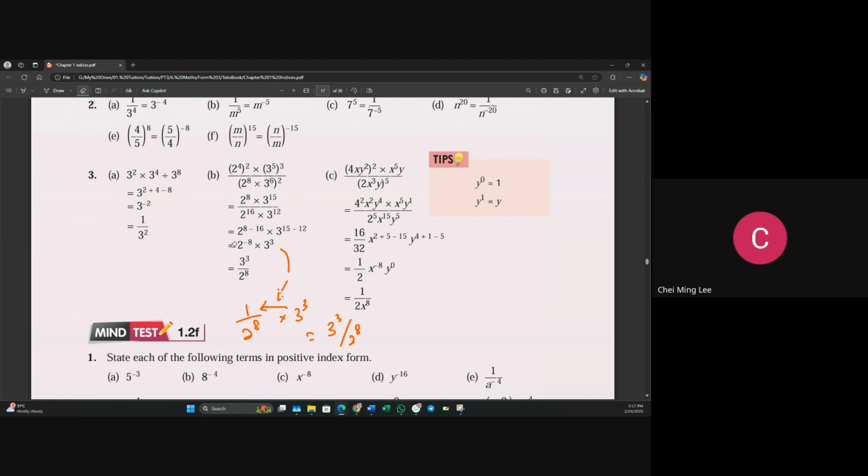From here, you will get 2 to the power of -8 times 3 to the power of 3. 2 to the power of -8 is 1 over 2 to the power of 8. So it becomes 1 over 2 to the power of 8 multiplied by 3 to the power of 3. Multiplying inside, it becomes 3 to the power of 3 divided by 2 to the power of 8.